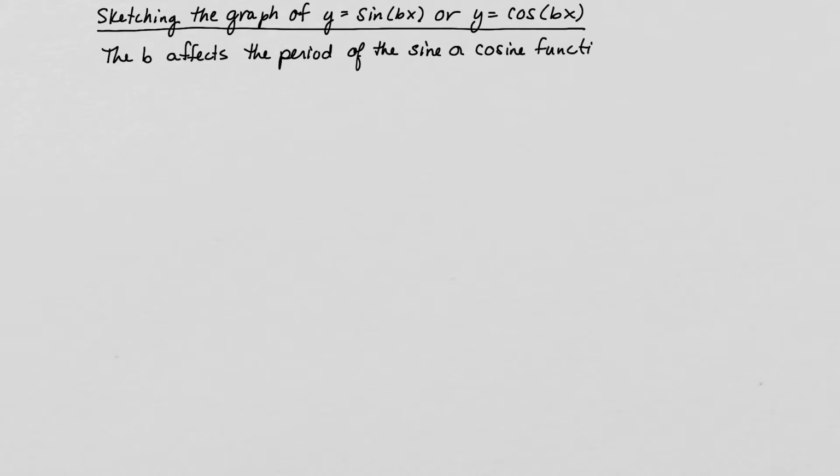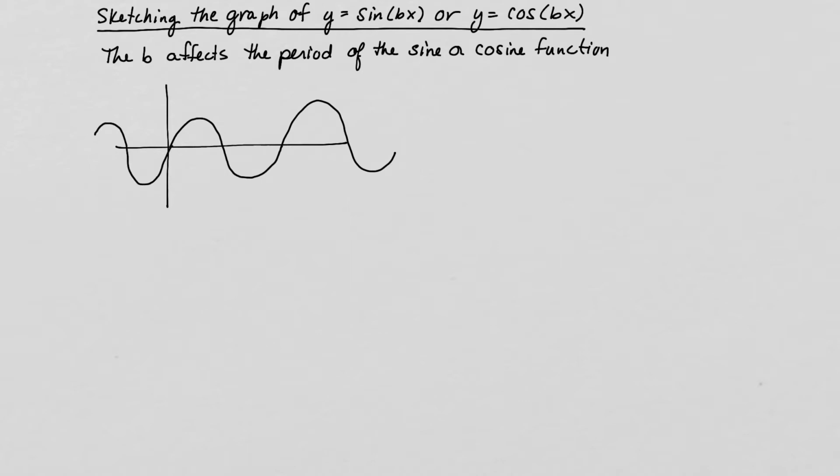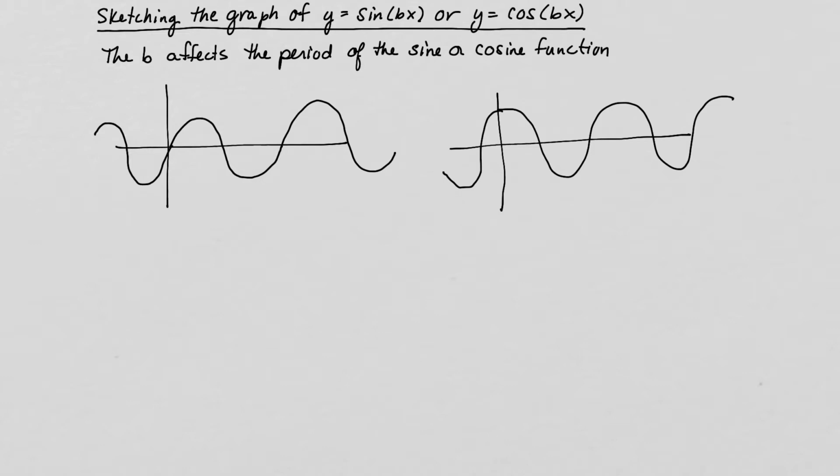So the thing to remember is that in the basic graph of the sine function, the basic graph of the sine function looks like this. Remember, it keeps going forever, but we mostly care about looking at that one period of it. And the basic graph of the cosine, again, it's a wave and it keeps going forever, and it looks like this.